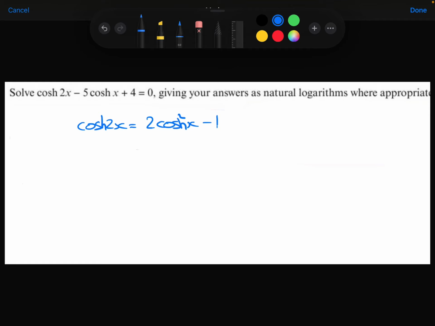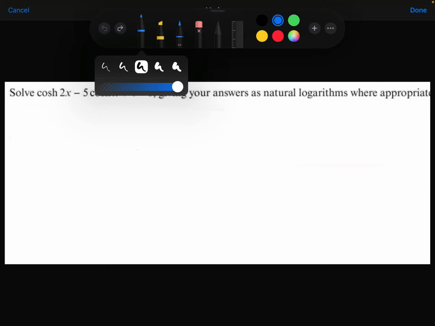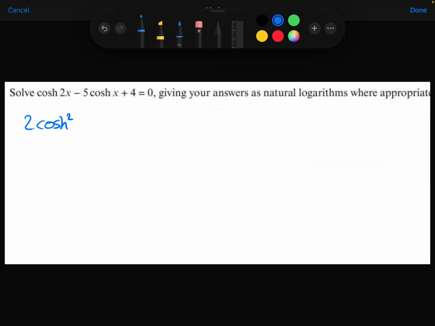I don't need to worry about any sign flips here because there is no product of signs involved. So I've got 2 cosh squared x minus 1 minus the 5 cosh x plus 4 equals 0.